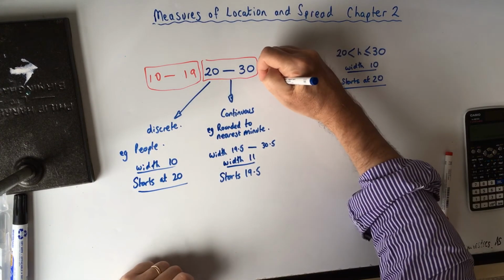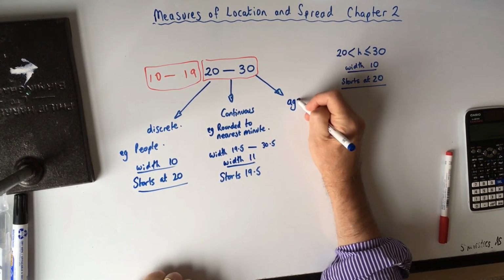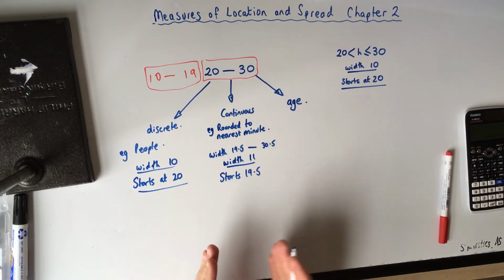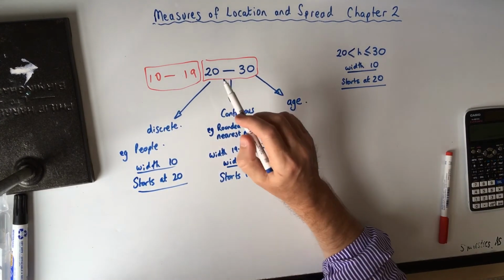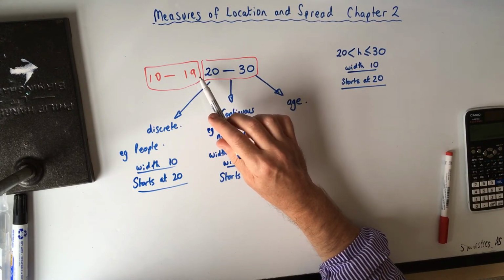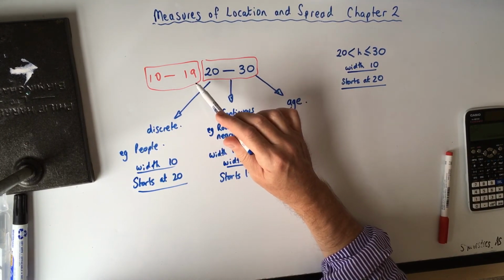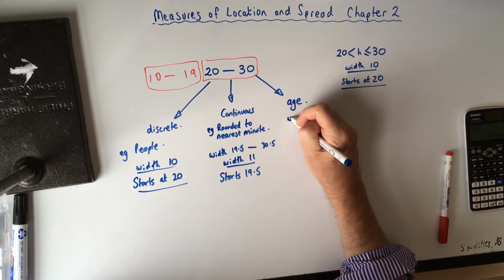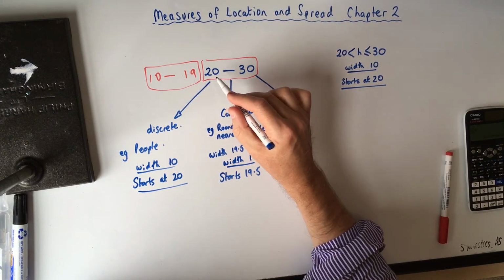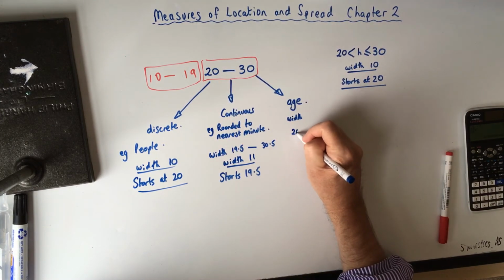And I wanted to show you this because there's another case. What happens if they told you that was people's age? If it was ages 20 to 30-year-olds, of course, if you're 19 and 11 months and so many days, you're still classed as 19. Right up until the day you turn 20, you're 19, so this starts from 20.